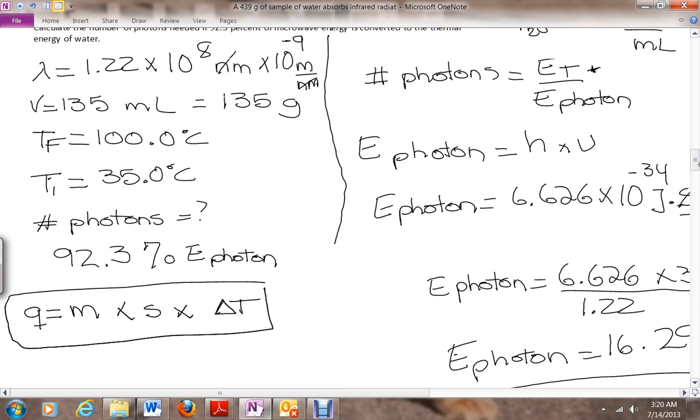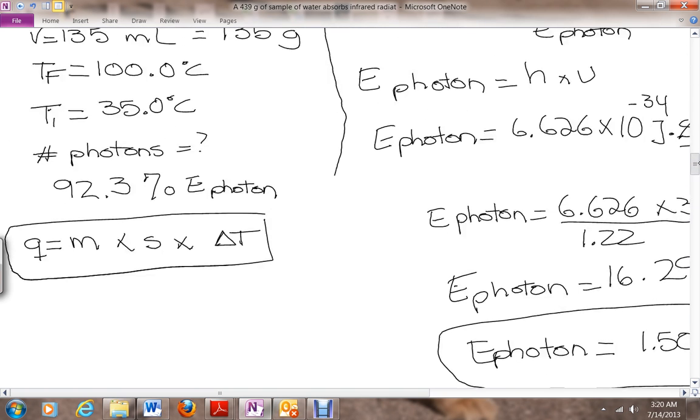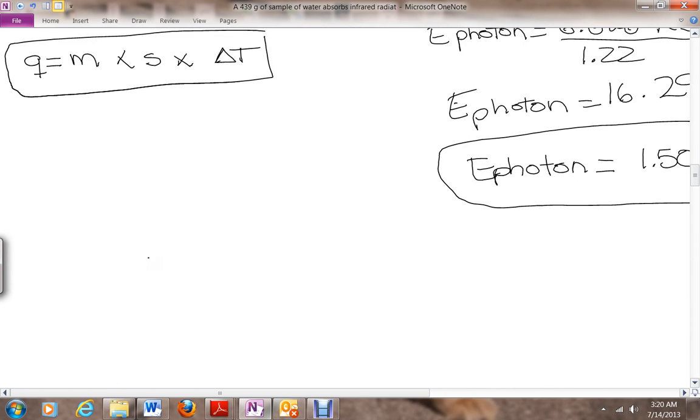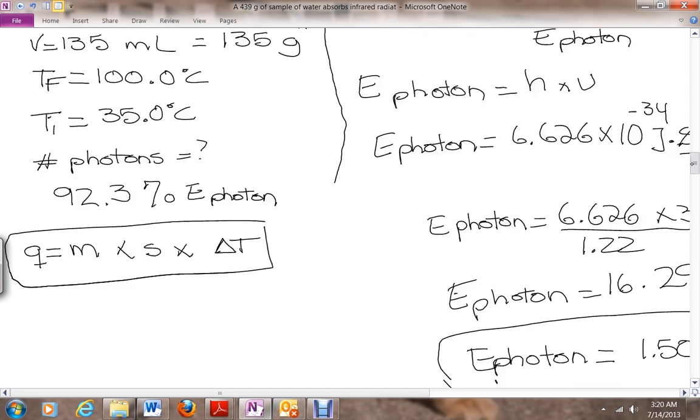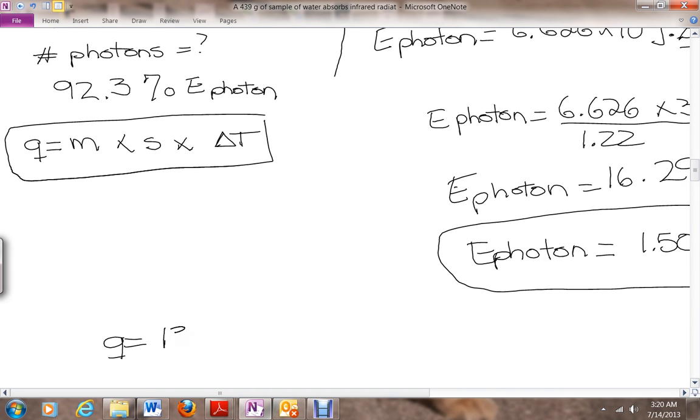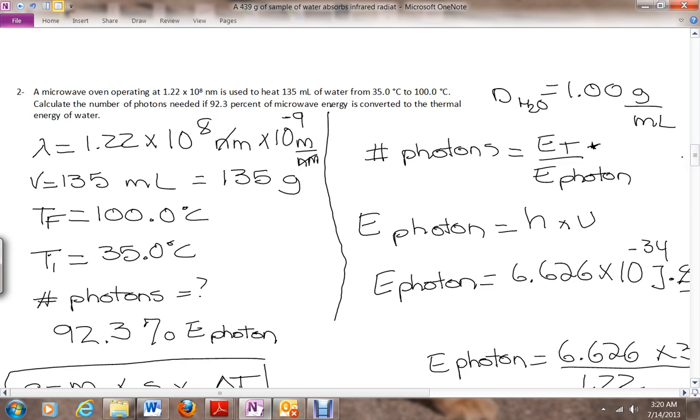So let's go ahead and find the Q. Q would be equal to the mass. If you remember and you wrote it down, it's 135 grams. Now this constant is always going to be given, 4.184 joules per gram degree. Sometimes I don't give it to you in the problems because at home you have the internet or tables in your book.